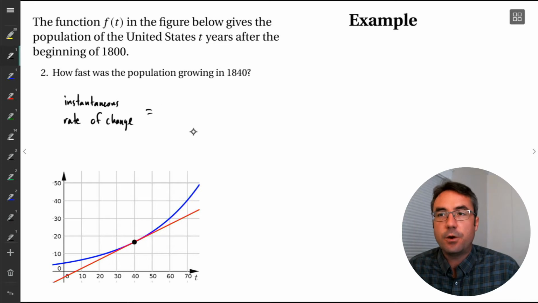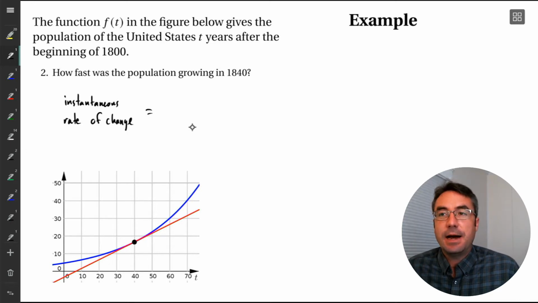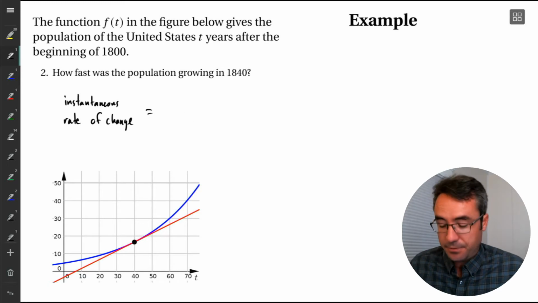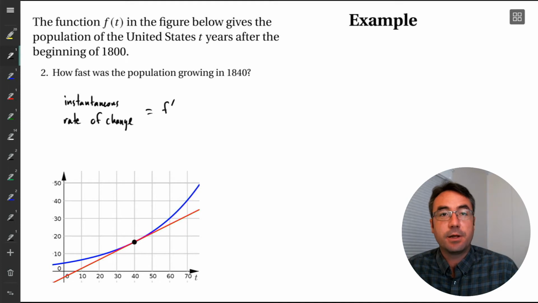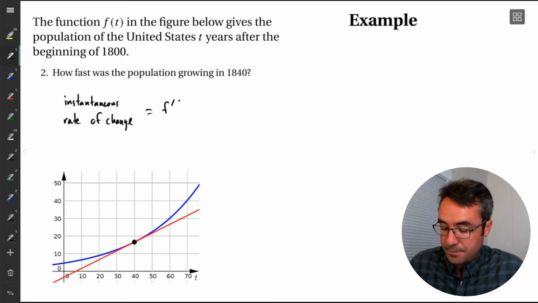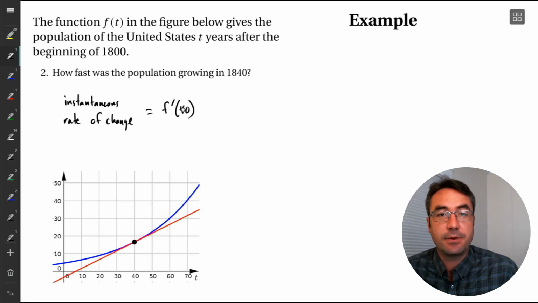And we know that this is the limit of our difference quotient, but it's really the derivative. So this is actually the derivative, and we're going to plug in 40 because of 1840 here. So we're going to plug in the appropriate time value.